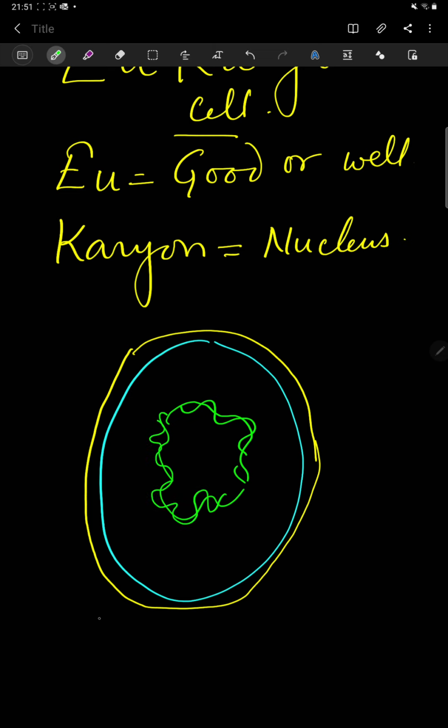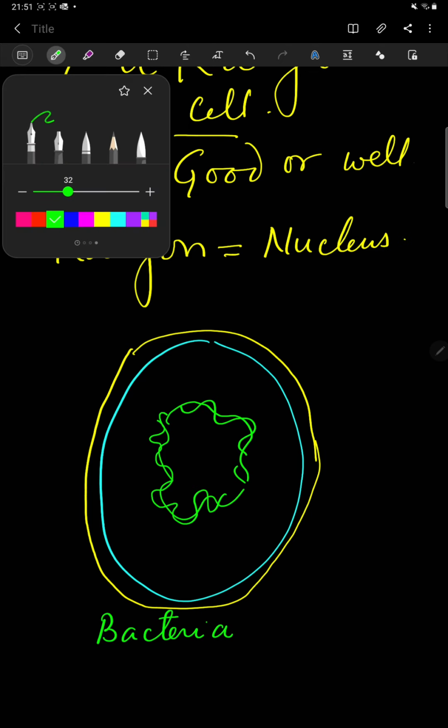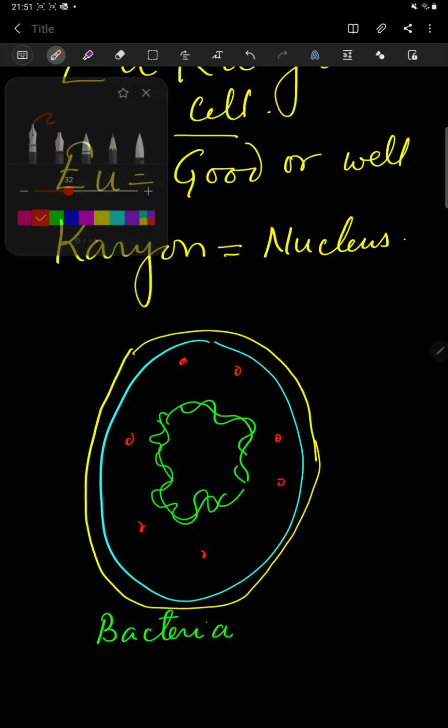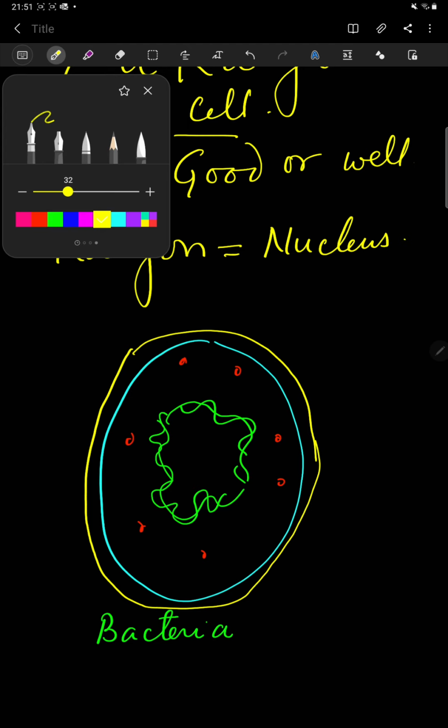So you can observe that in this bacterial cell there is no nuclear membrane. Nuclear membrane is totally absent. This cell does not contain any double-membrane-bound cell structure like mitochondria, like chloroplast, like Golgi body, like ER. Ribosomes are there, so I am going to make the ribosomes, but these ribosomes are smaller in size and are scattered inside the cytoplasm of this prokaryotic cell.